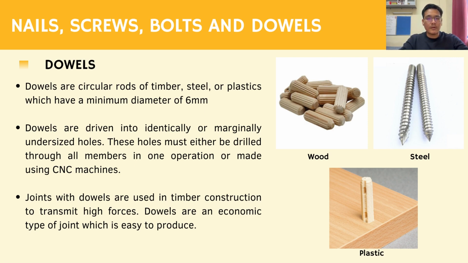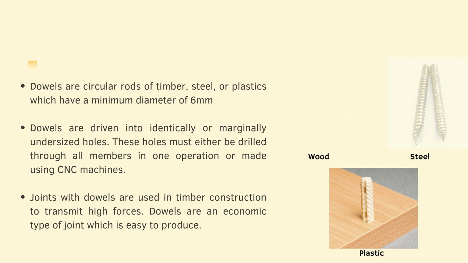So how is the dowel used as a timber connector? There will be pre-drilled holes on both of the wood members that we want to connect, and the holes will be a bit undersized or sometimes identical to the size of the dowel. Then the dowel will be driven into the hole and you'll get a joint. The main advantage of joints with dowels is that they can transmit high forces, and they are easy to produce.